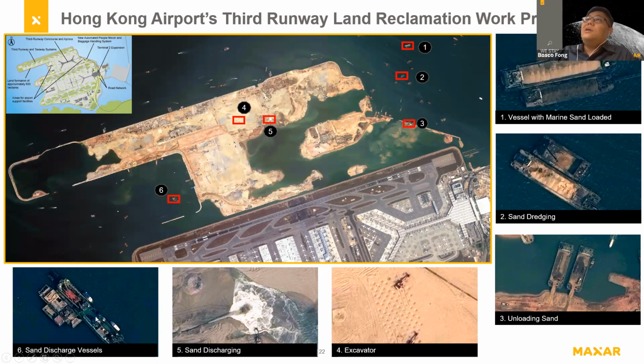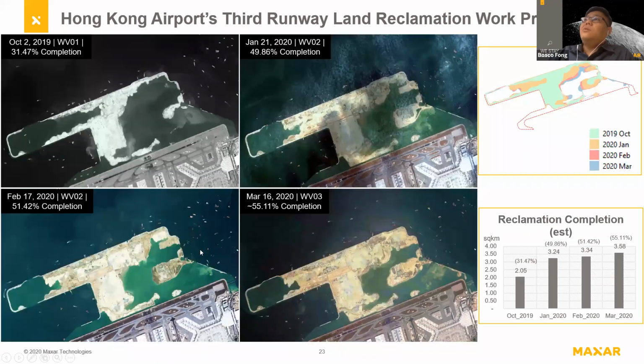Okay, so next one, we are doing some analysis on the images that we collected over the Hong Kong International Airport third runway. The first image was taken in October 2019. This is Movie 1. As I mentioned, Movie 1 imagery is actually black and white. This is the example black and white imagery.